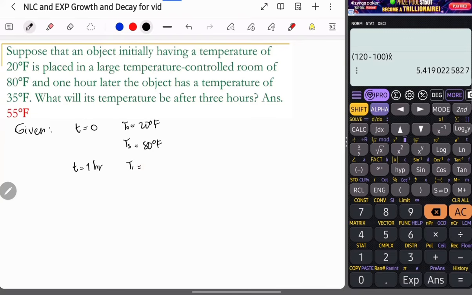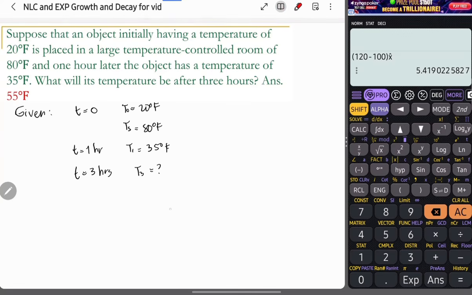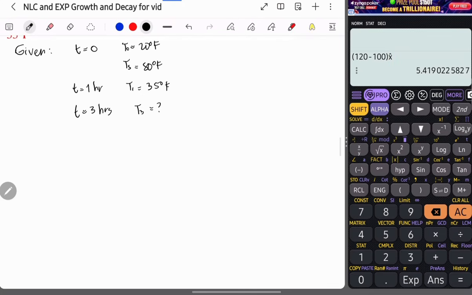So T1 is 35 degrees Fahrenheit. What will its temperature be after 3 hours? So after 3 hours, missing temperature. So we will use the time equal to 1. So our formula is T minus T sub S equals T sub O minus T sub S times e to the power of KT.